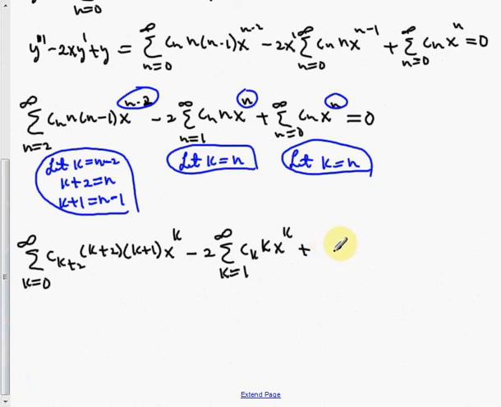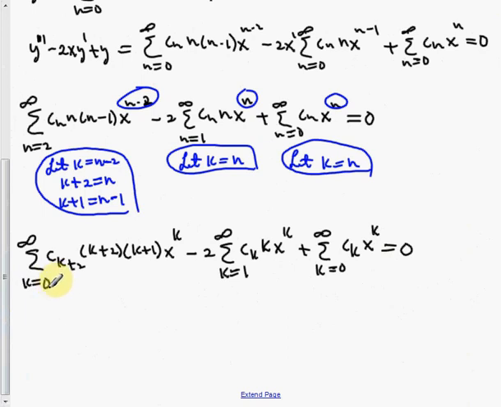Okay. So it's the summation as k, which is n, goes from 0, so k goes from 0 to infinity, c sub k times x to the k is equal to 0. Well, I want to be able to factor out x to the k from all three summations, but I can't because they're all starting at different pivots.